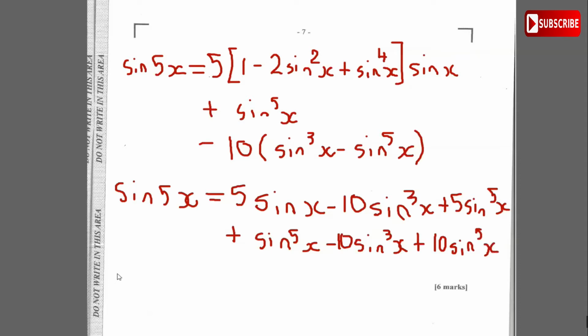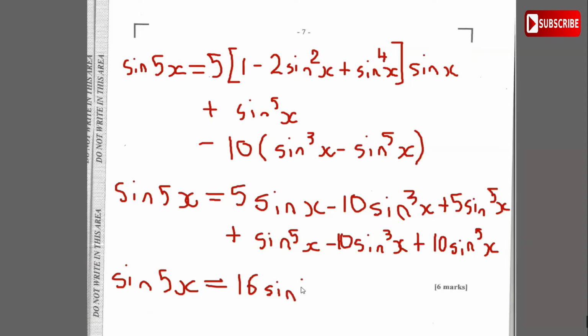All right, and so what we're going to get is sine 5x is going to be equal to sine to the 5th plus 5 sine to the 5th plus another sine to the 5th. That is 16 sine to the 5th.